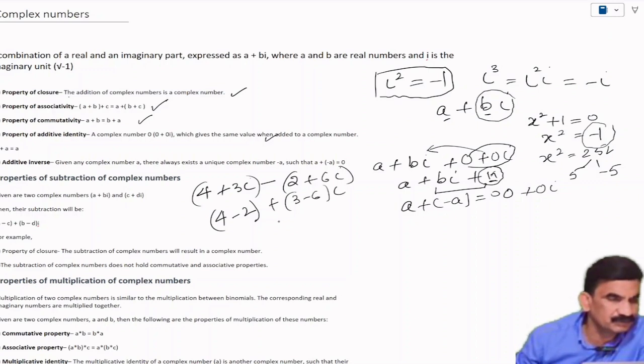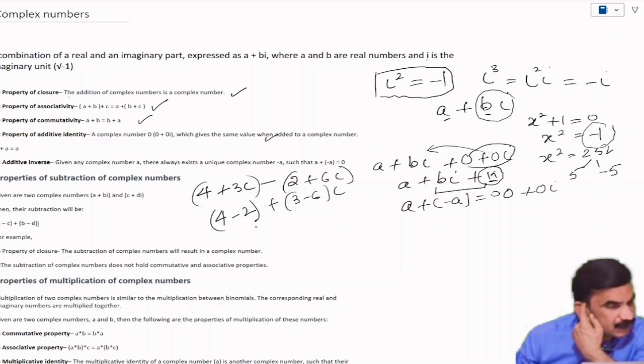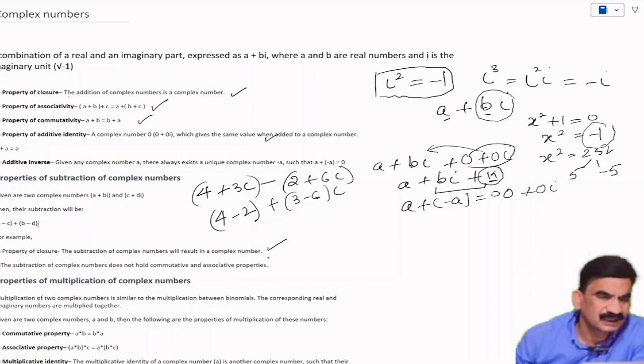So whatever number is formed will be a complex number. It is the closure property I've discussed. Now, I'm sure you must have seen that a minus b is not equal to b minus a. It can't be.